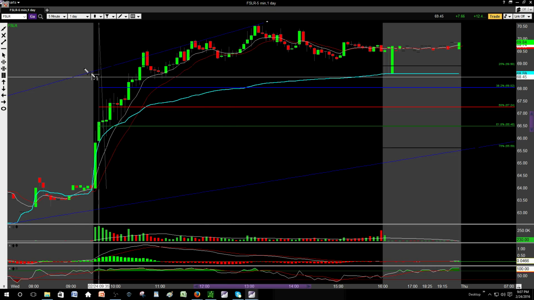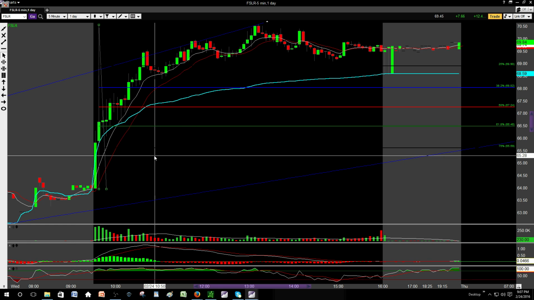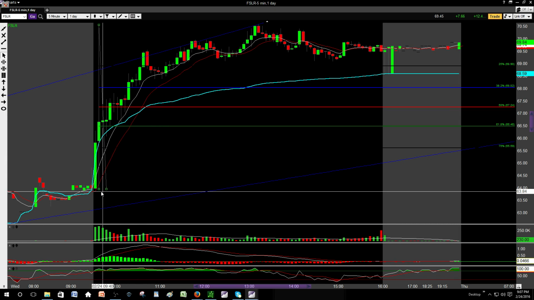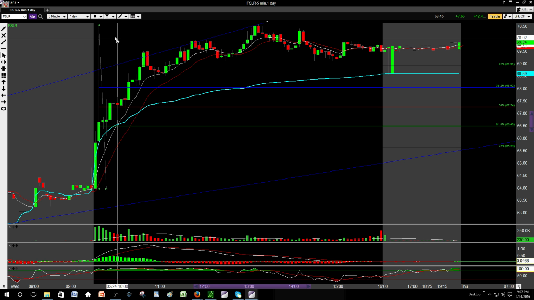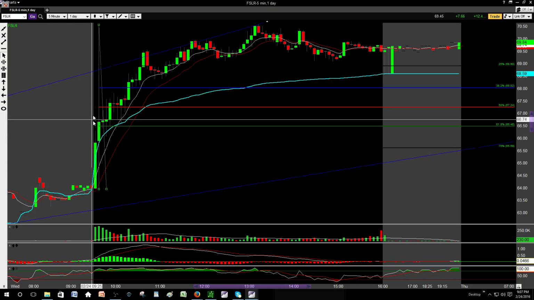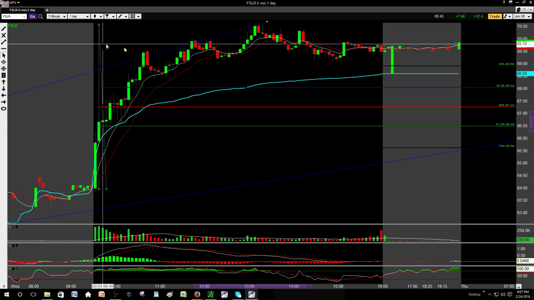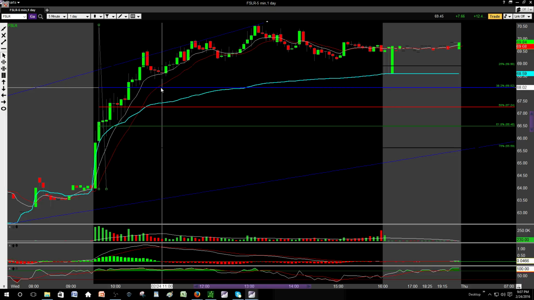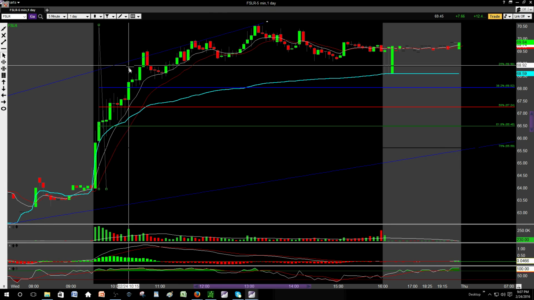Just to go over, in a nutshell, how fibs actually work: you're plugging in from a low area to a high area, especially in a parabolic move, and then you want to see on the pullback how much it pulls back, right? So these numbers just represent the percentage of this entire move and the pullback.